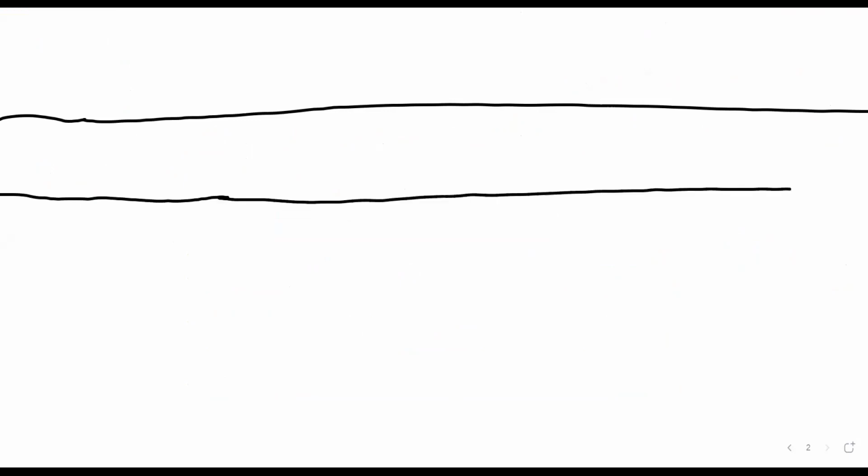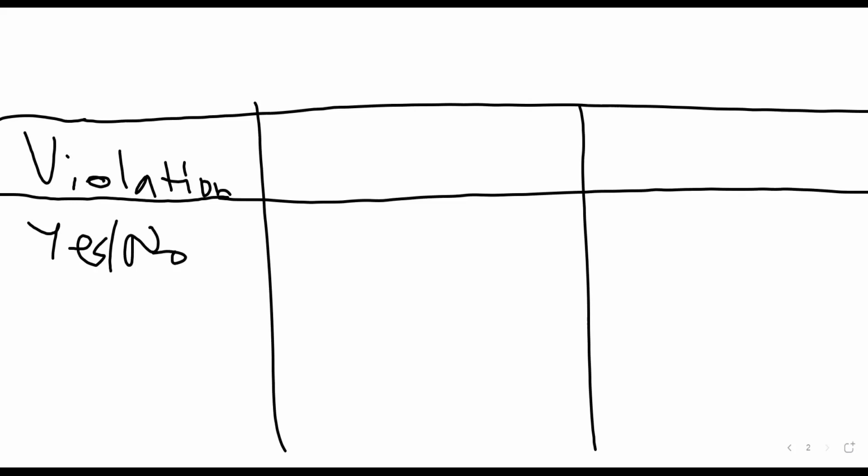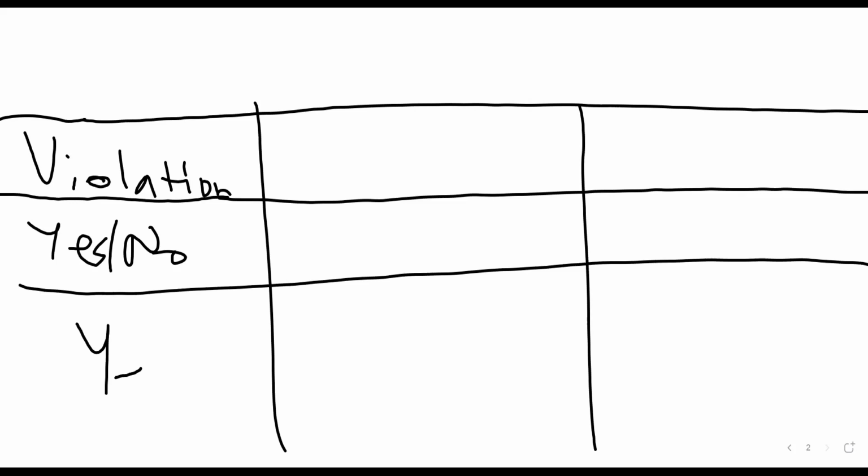So in one column, you're stating whether there's a violation. Here it will be a yes or no answer. Normally, if it's a yes, you say the yes.